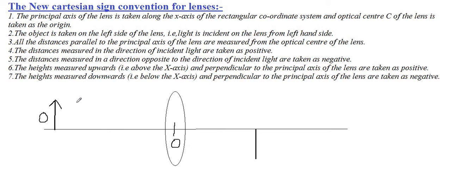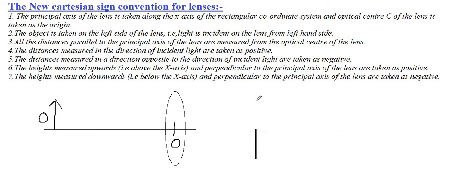Now third sign convention, all the distances parallel to principal axis of the lens are measured from the optical center. This point we have already discussed. In case of lens, this optical center is acting as an origin. It means we have to measure all the distances along x-axis or parallel to principal axis from origin or optical center.